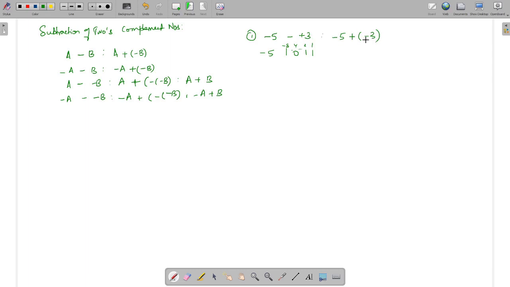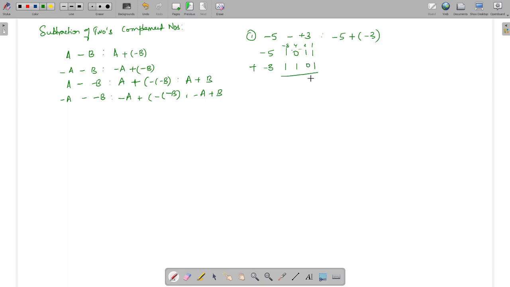So find the 2's complement of 3, which is minus 3, and that will be 1, 1, 0, 1.